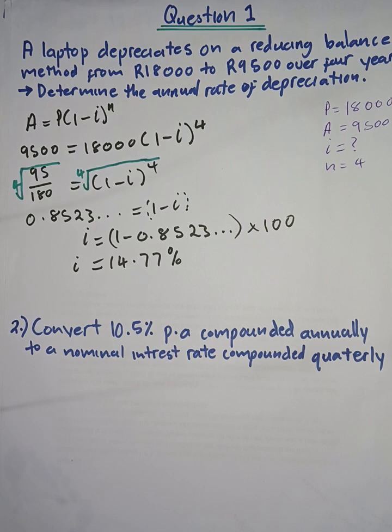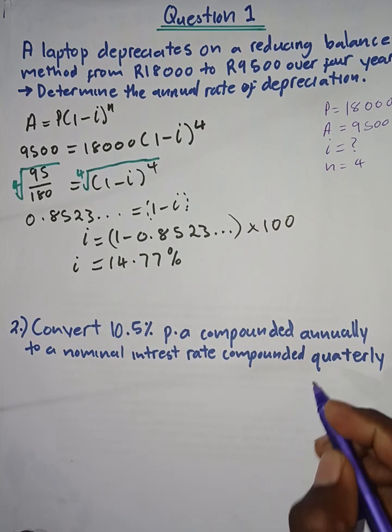We have the nominal interest rate, and also the effective interest rate. An effective interest rate is when your interest rate, which is generally quoted per annum, which means per year, matches when it compounds. So the names have to match.